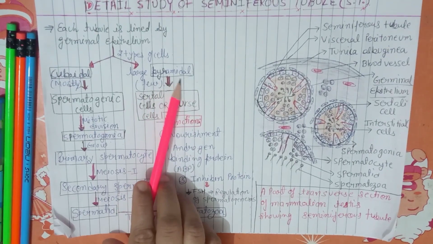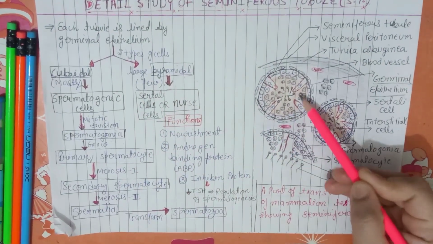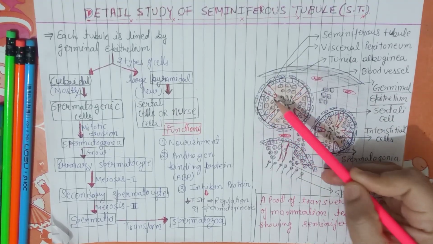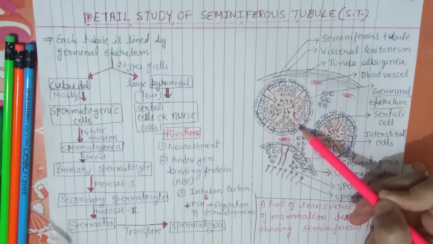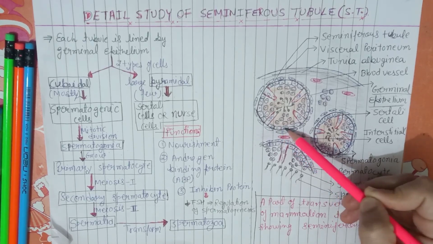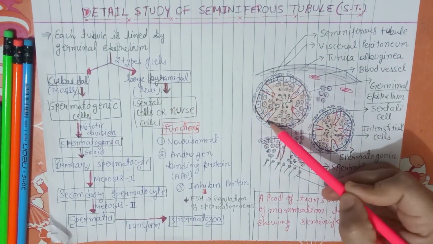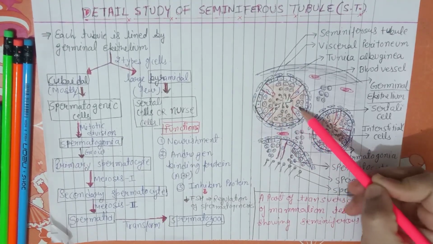Pyramidal shaped cells are few, but the cuboidal shaped cells are more. So these are the cuboidal shaped cells, whereas there are few cells which are pyramidal.